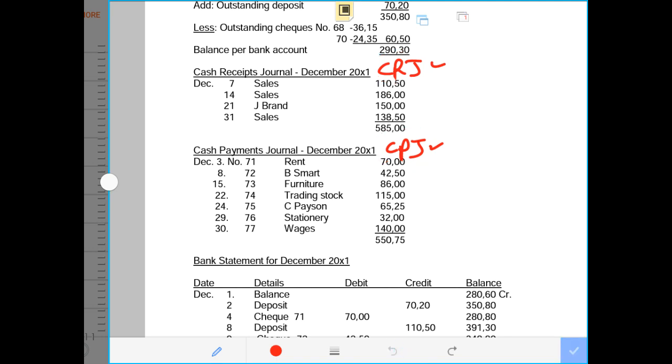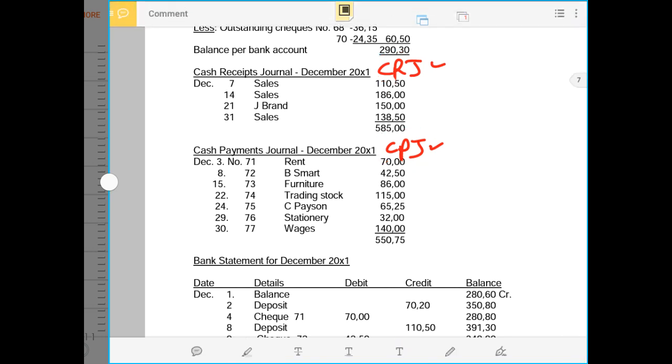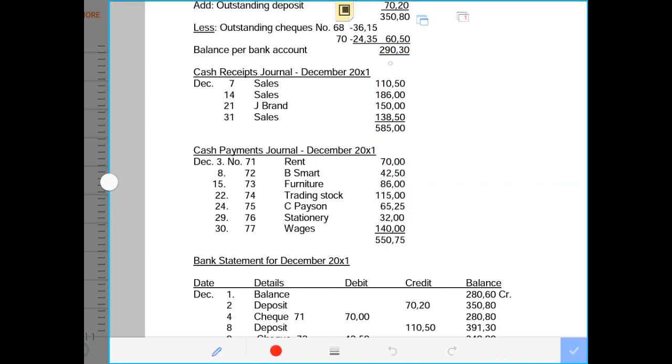So another account that is very important with regard to the bank reconciliation statement topic is what we call the bank account. And we know that a bank account is an asset. It increases on the debit side and it decreases on the credit side. Whenever cash is received, meaning all the cash receipt journal items get recorded on the debit side of the bank account, because our bank is an asset.